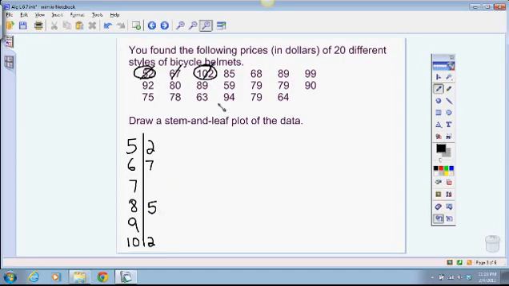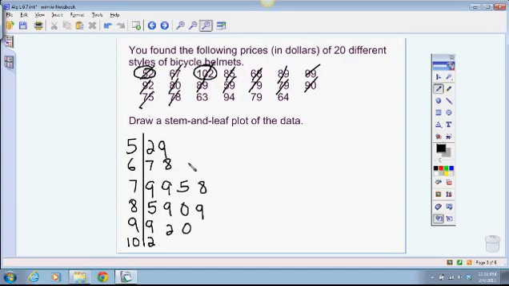We have 85, 68, 89, 99, 92, 80, 89, 59, 79, another 79, 90, 75, 78, 63, 94, 79, and 64.